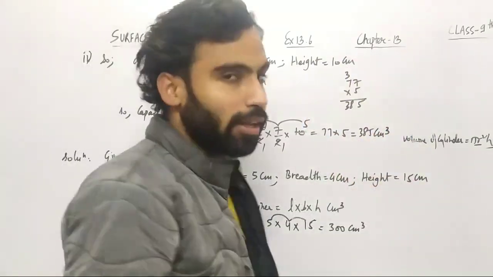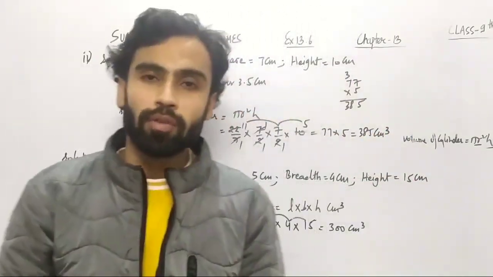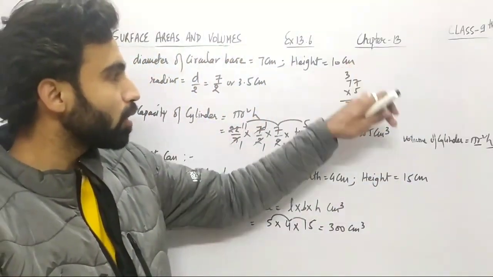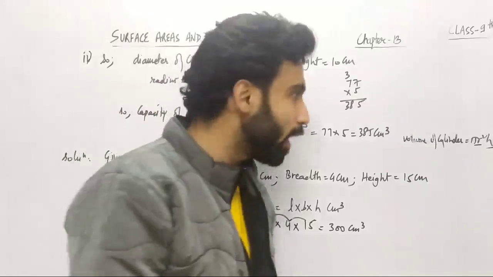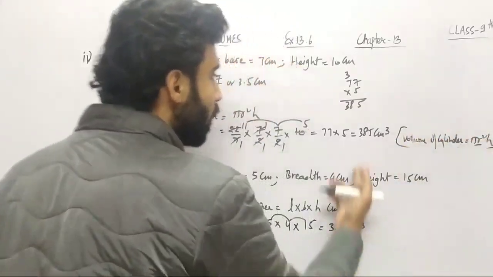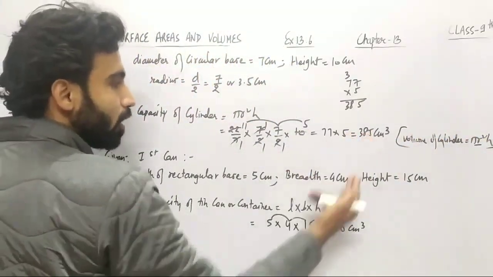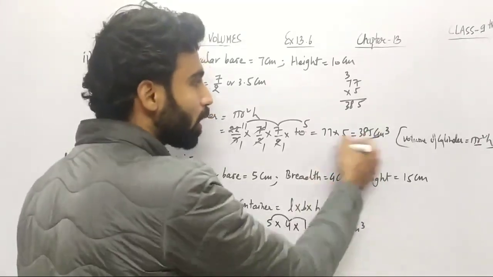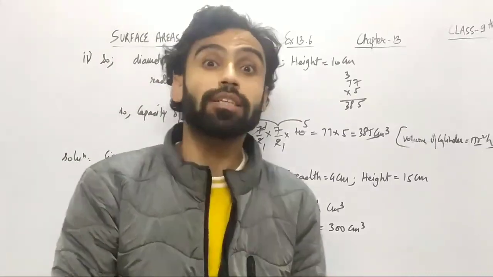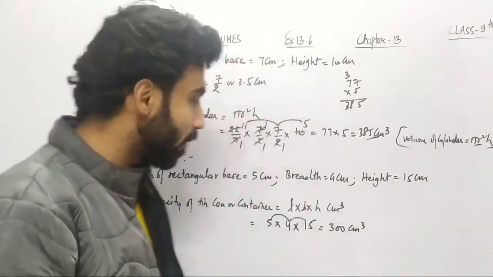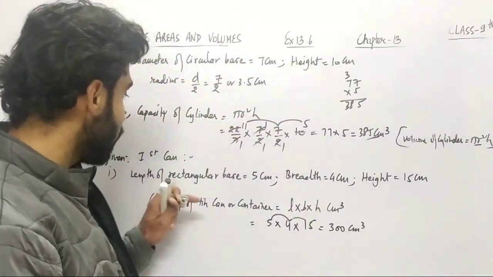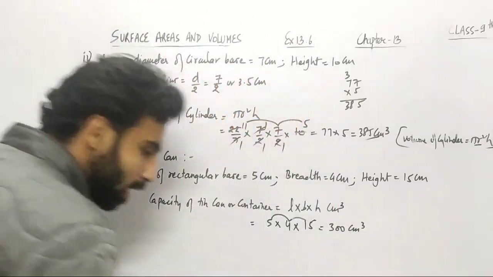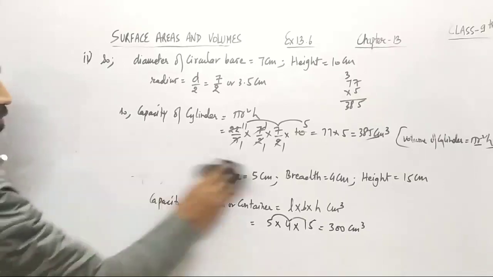Because we know that the capacity is always calculated in cubic units, right? So here the unit was centimeter, so that will be centimeter cube, right? Now if I just compare these two capacities of the containers, you will find out that this plastic container has greater capacity than the rectangular base tin can, right? So यहाँ पे हम क्या लिखेंगे? Let me just make some space first.